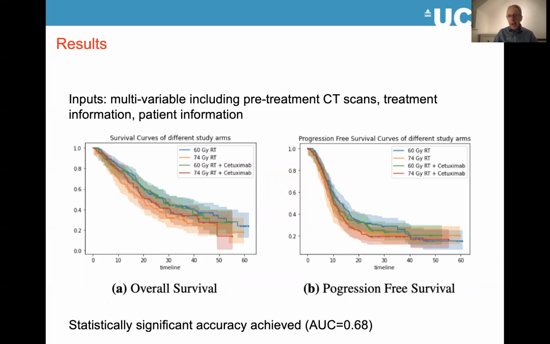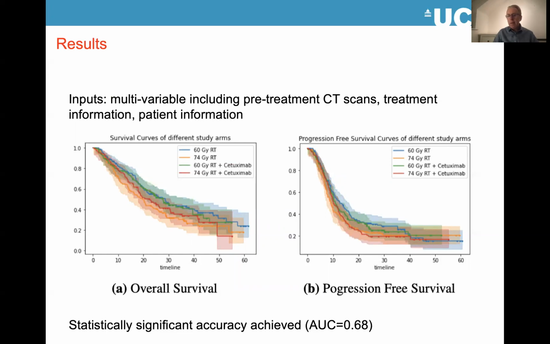We've taken our multivariable input approach, in this case, looking at pre-treatment CT scans, treatment information, patient information, and so on, all the information that was available through this trial. And here we see the progression-free survival curves for the different study arms and overall survival curves from the trial.